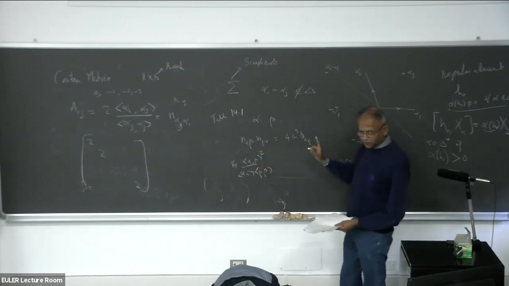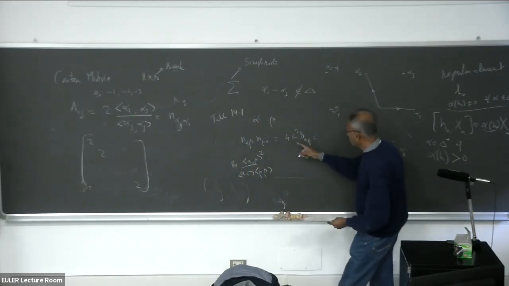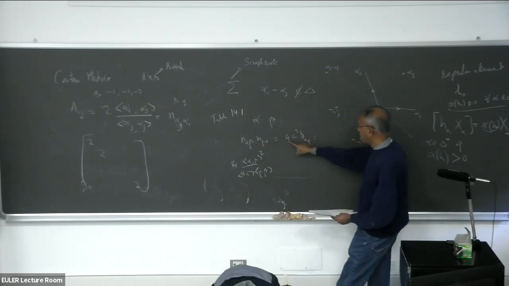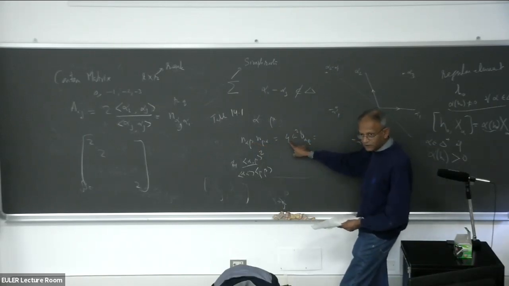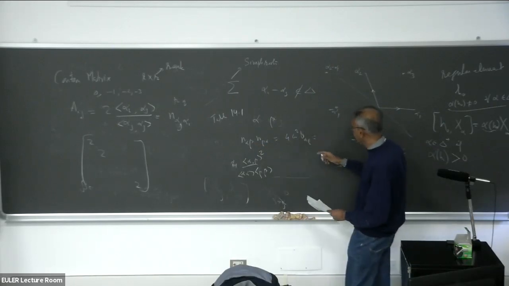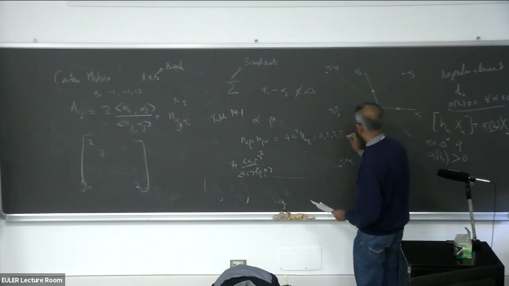So what is left over is 4 cos squared theta alpha beta. On the other hand, we know this is integers, so this has to be an integer but bounded by 4, because cos squared is always less than or equal to 1. So the only possibilities were 0, 1, 2, 3, and 4.